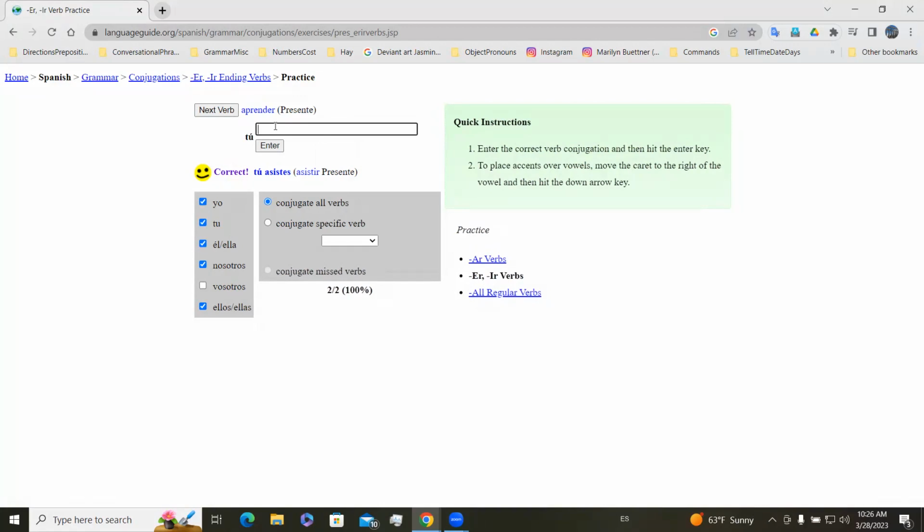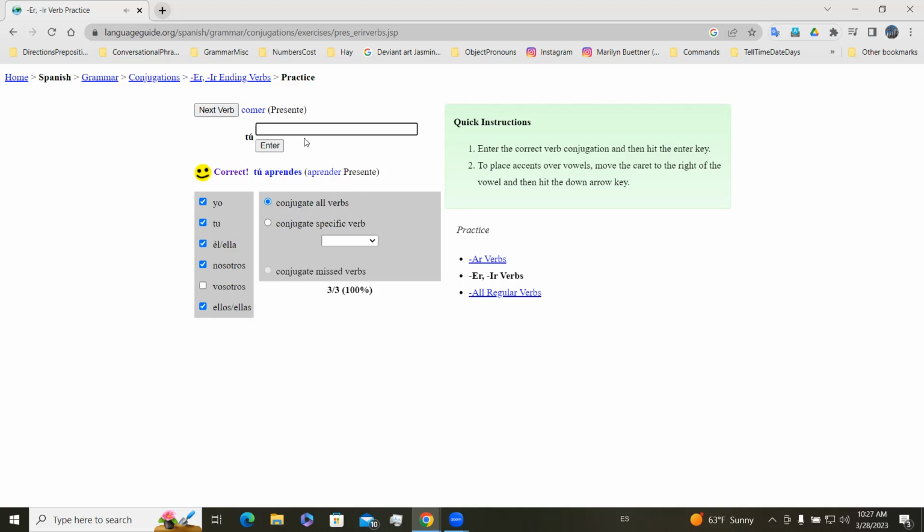Aprender with tú becomes aprendes. Tú aprendes, and again, you've got the pronunciation. If you get your cursor on that verb form, it'll pronounce that verb for you as many times as you need to hear it.